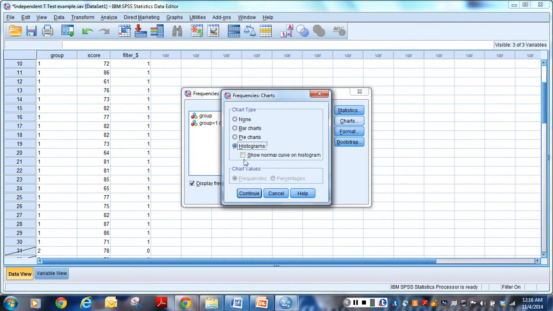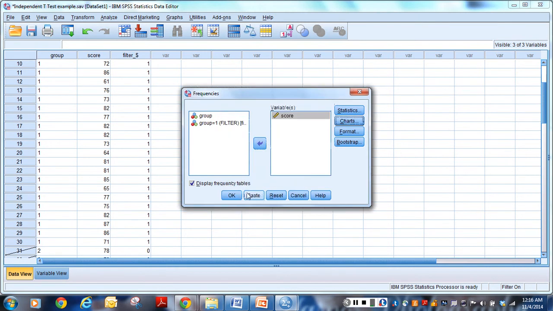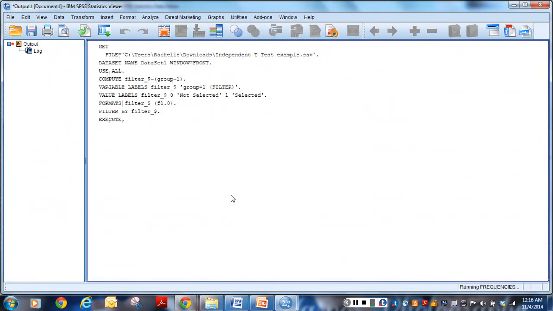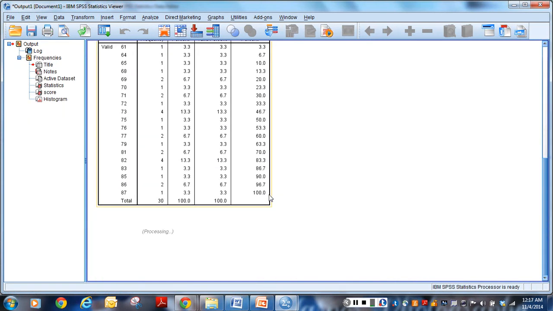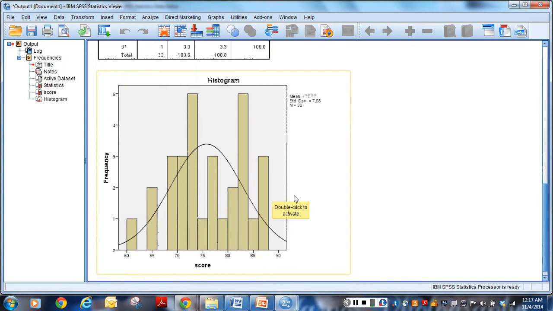So we have score. Let's click on charts, and let's go to histogram, and we also want to show a normal curve on the histogram. Continue, and OK. Alright, good.